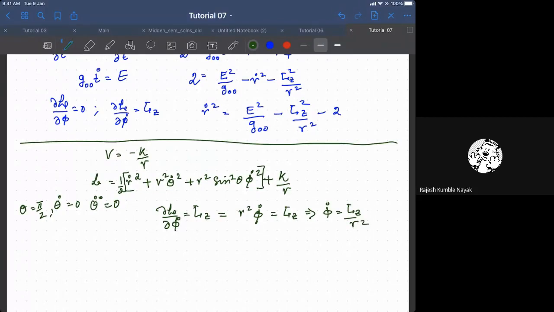Now we need a few more conserved quantities. What shall we use? Theta dot is gone; this we have assumed 0. So we have energy is conserved. Here don't go with the earlier energy. That's different from this. Energy is kinetic energy plus potential energy. Okay, so it is not the Lagrangian.